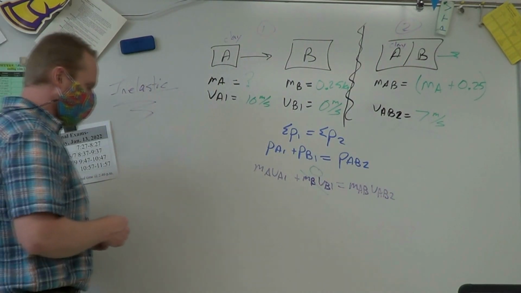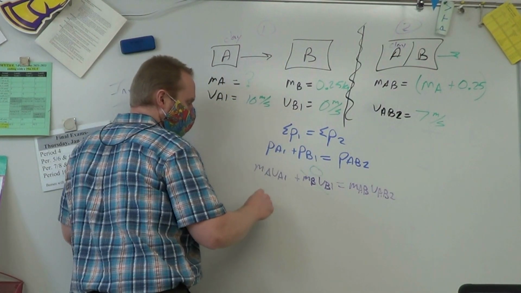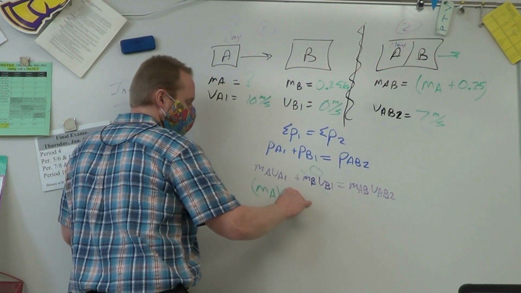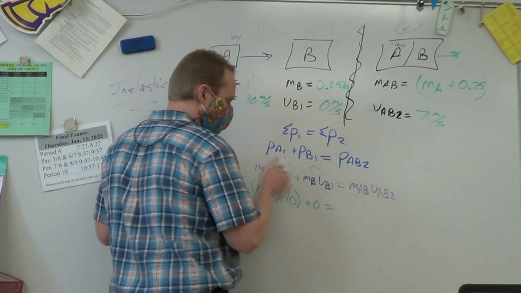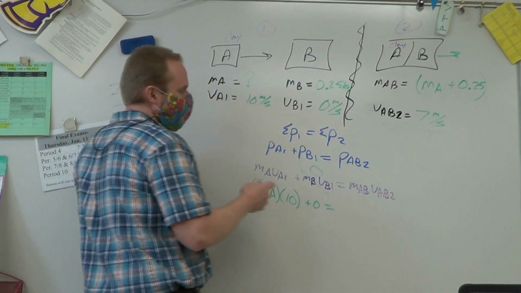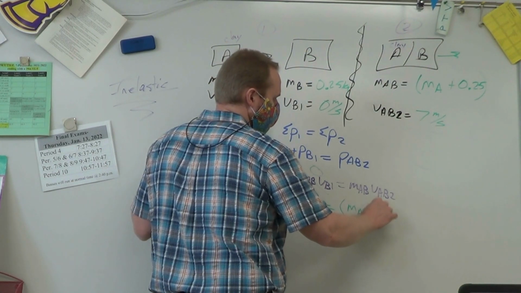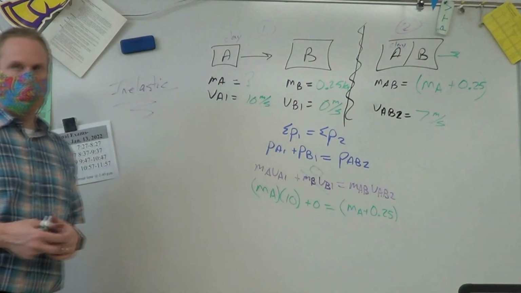Now, when I start plugging in values where I can and keep a variable where I don't, I find that I have MA times 10 plus 0, not necessary, but I'll put it there for the time being, is equal to MA plus 0.25. That is the mass of AB.